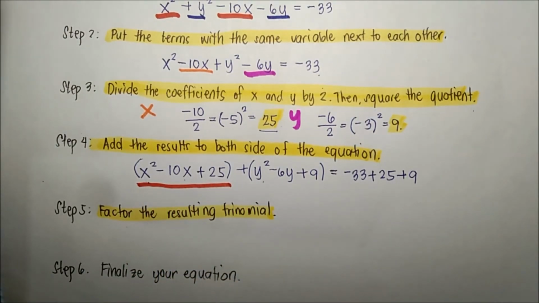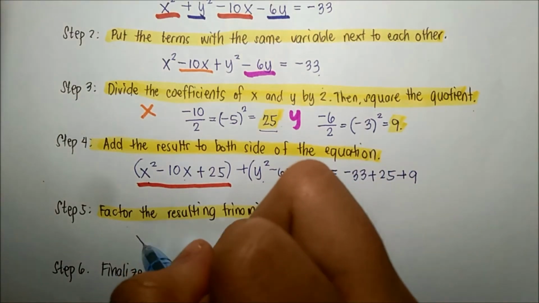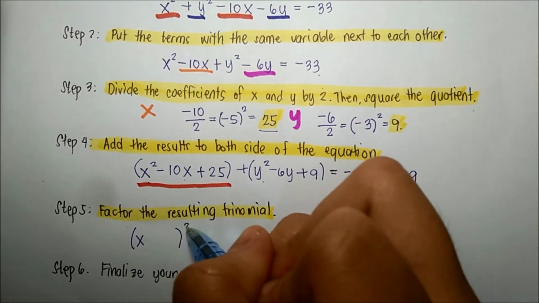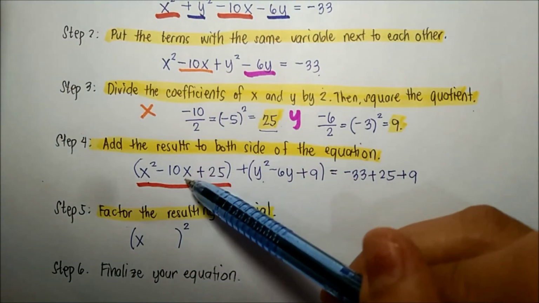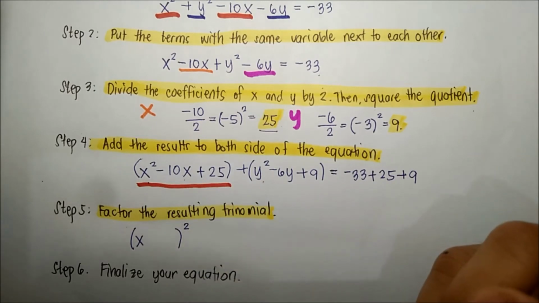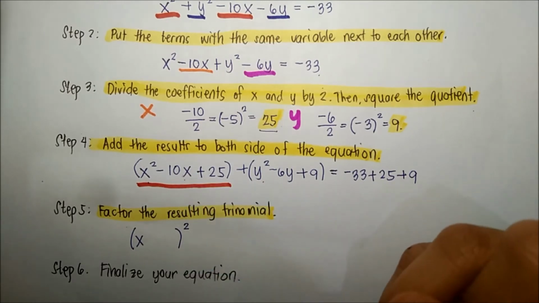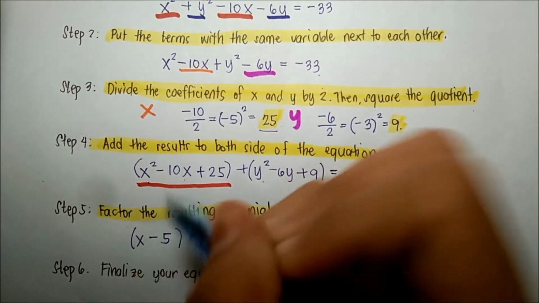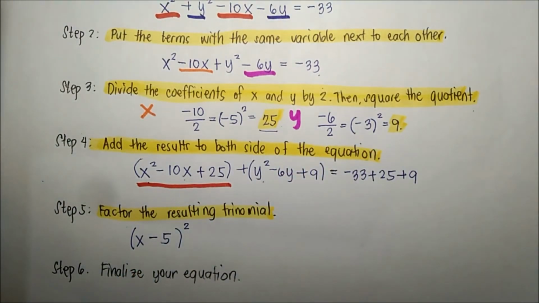Since this one is a perfect square trinomial, we will just copy x, and then we are sure that this is squared. We will just divide negative 10 by 2, which is equal to negative 5. So this one is its factor.